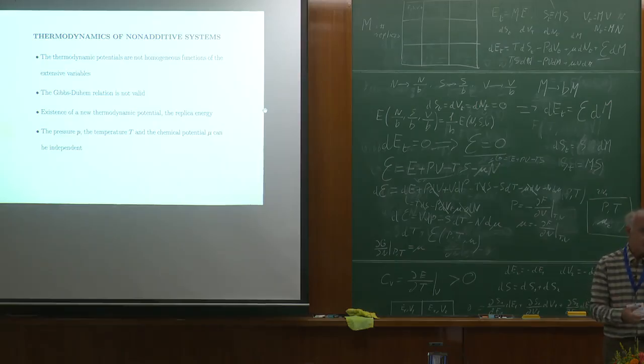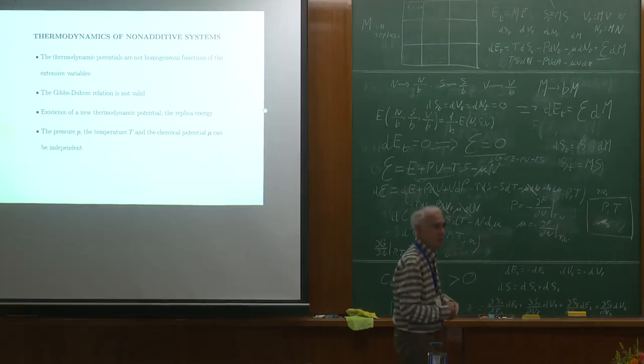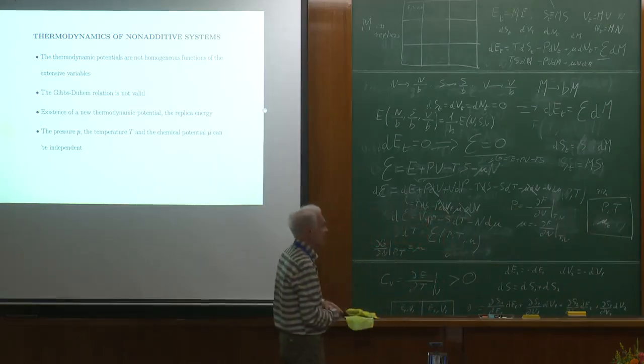From the physical point of view, it's a more gradual change. I think that's the reason why we keep calling them intensive variables, even if they change with the size.